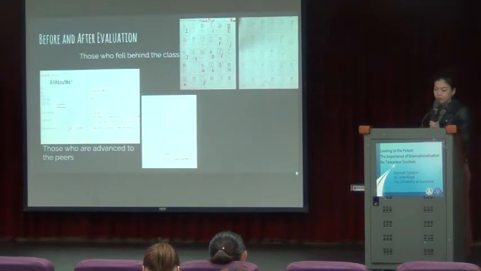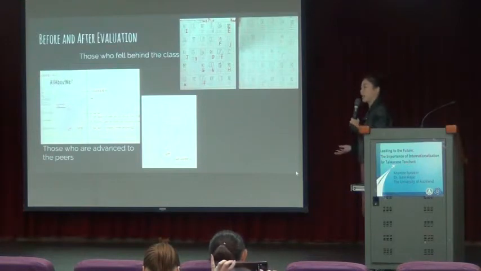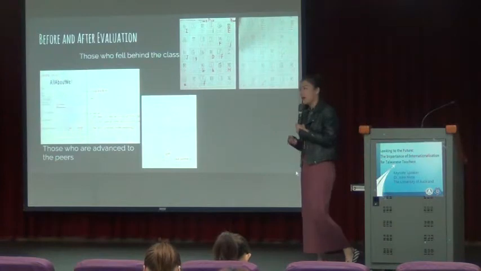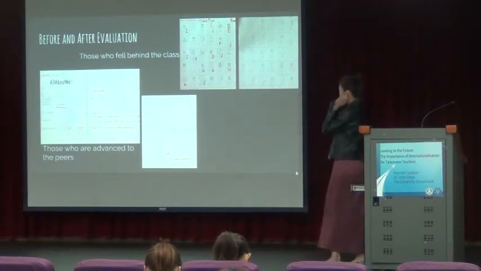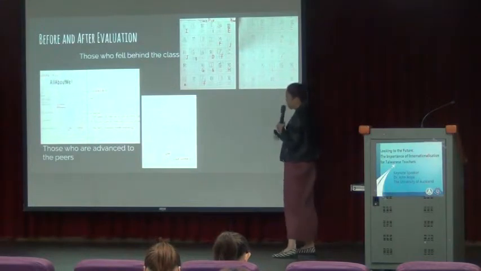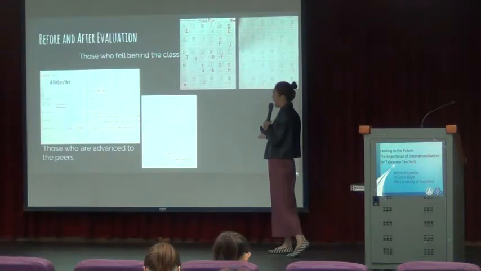Another point I would like to share is the before and after evaluation. I used to give my students only scores like A+, or B+, or F, or fail. However, after I attended this program, I do some before and after evaluation, simply because this can fit the students who fell behind the class.